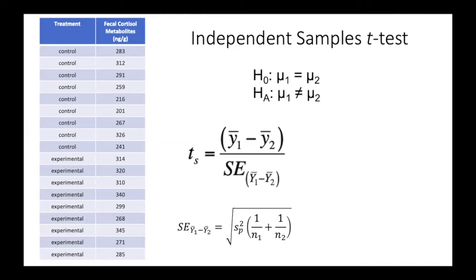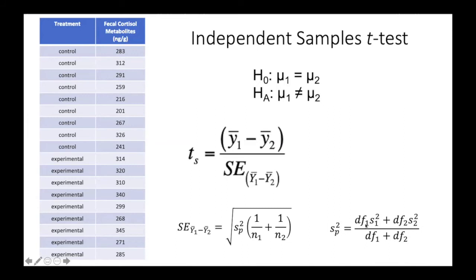Now, the one thing that's not familiar to you at this point is this measurement or term called the pooled variance. And the pooled variance is just a weighted average of the variance from the first sample and the variance from the second sample.